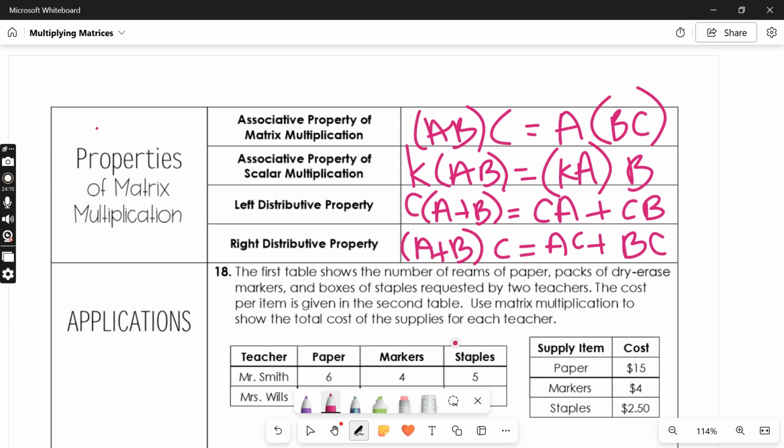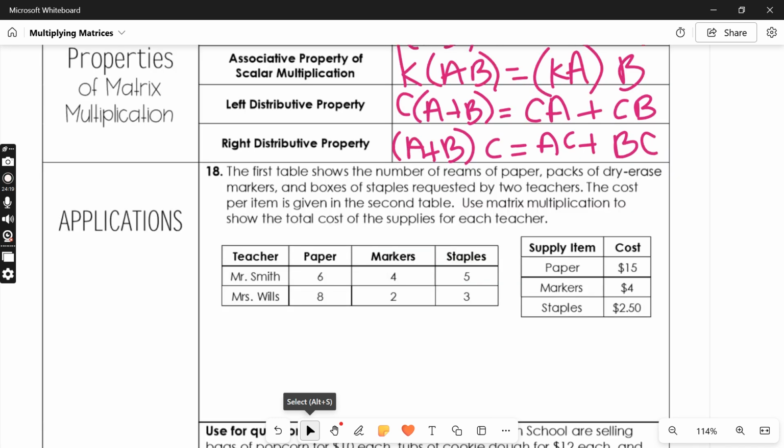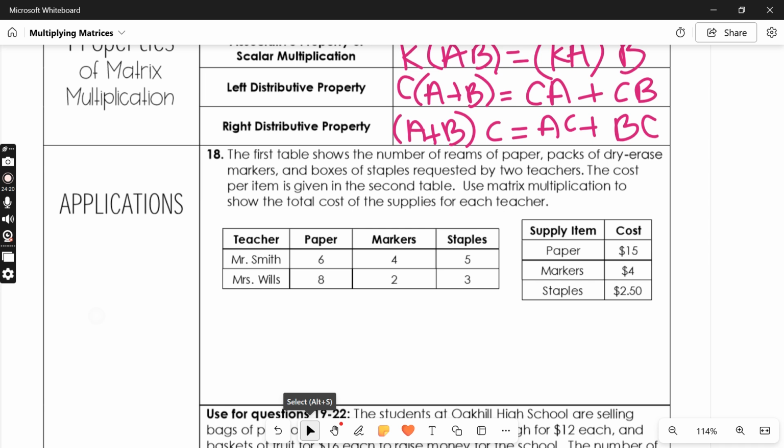Okay, so it says the first table shows the number of reams of paper, packs of dry erase markers, and boxes of staples requested by 2 teachers. The cost per item is given in the second table. Use matrix multiplication to show the cost of supplies. Okay, well, it's giving you your 2 matrices right here.